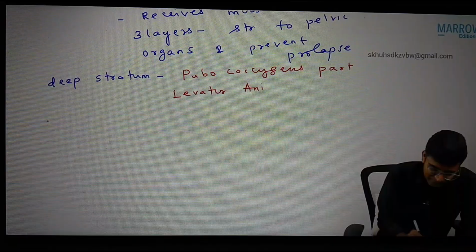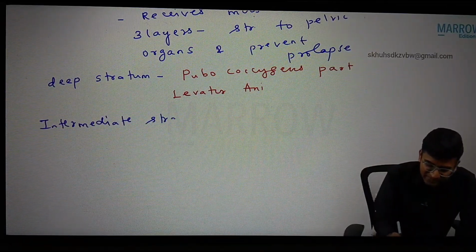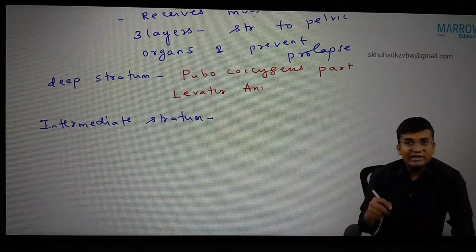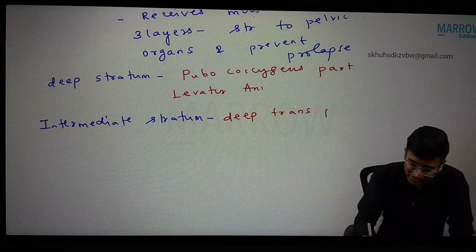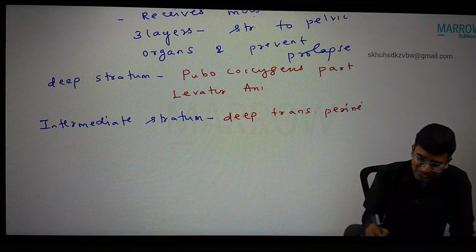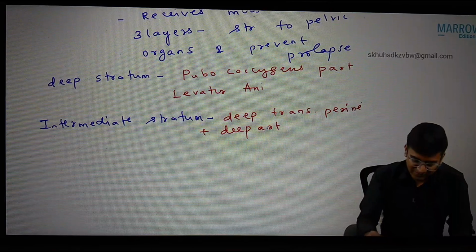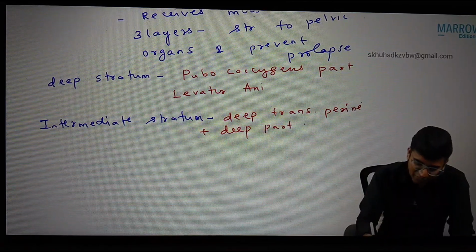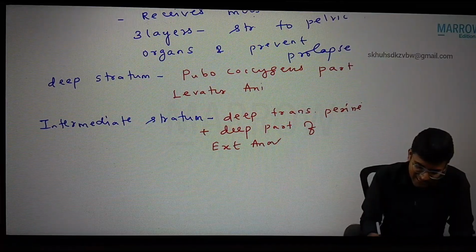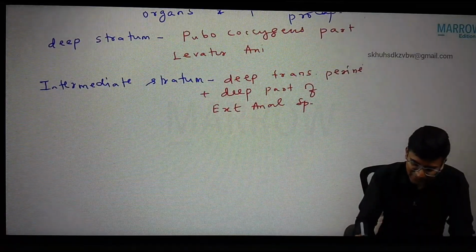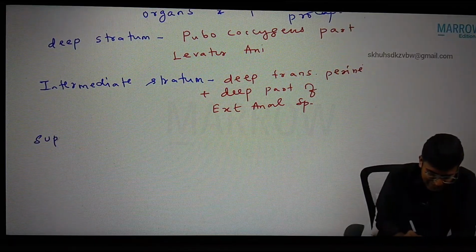Now with the intermediate stratum, in the intermediate stratum, we have deep transverse perineum muscle, and the deep part of external anal sphincter. Okay.